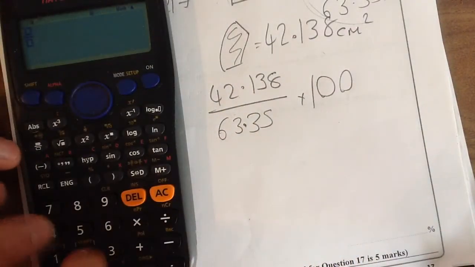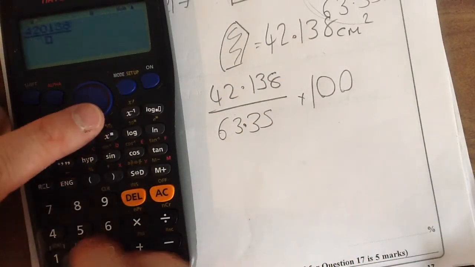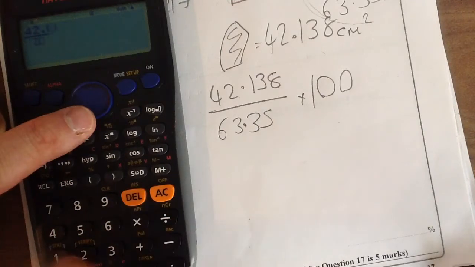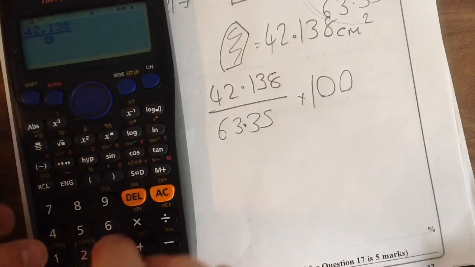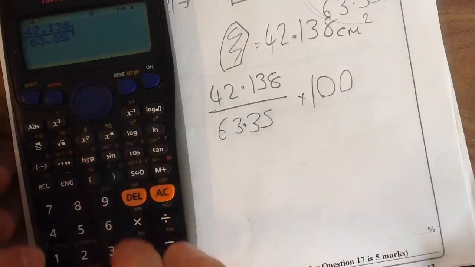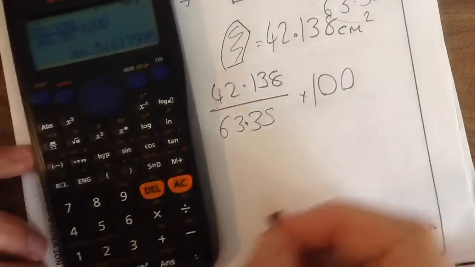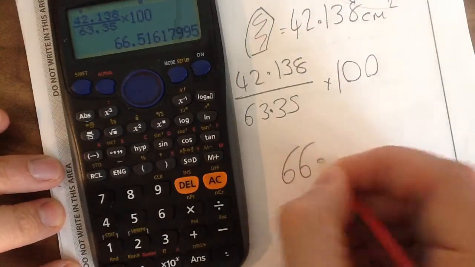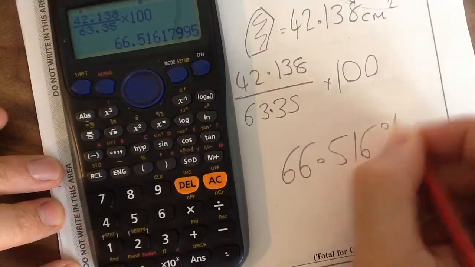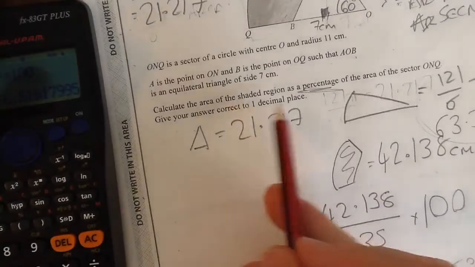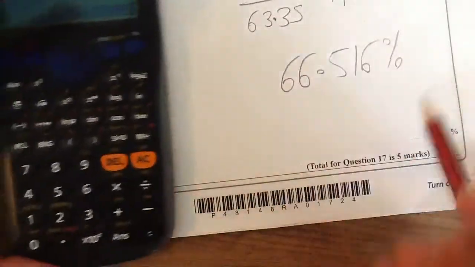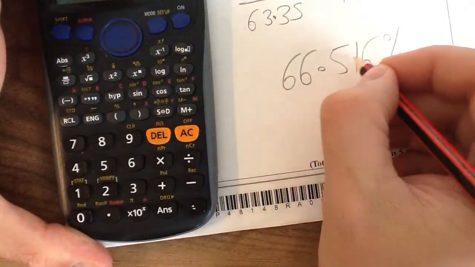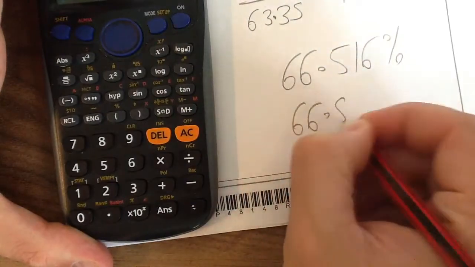Calculators are good these days if you type them in properly. My answer is 66.516%. It did say to one decimal place though, so that's 66.5%.